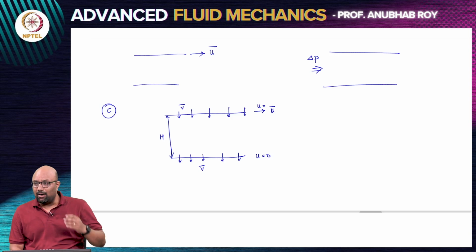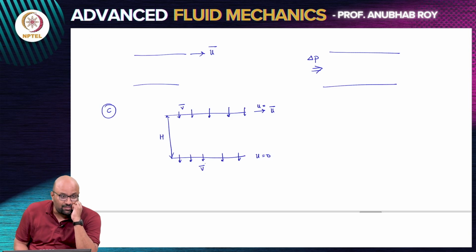Imagine the top and the bottom plates, instead of being impermeable, are like filters. They have holes in them and you are pushing fluid at a certain velocity through these plates. So, going back to what we did in our earlier lecture, deriving the velocity profile, how much of that would change because of this modification to the problem?